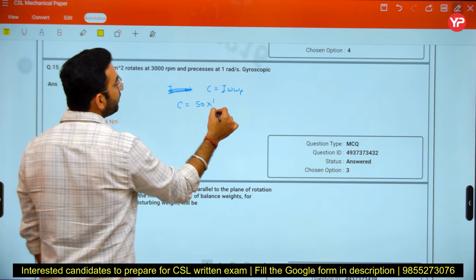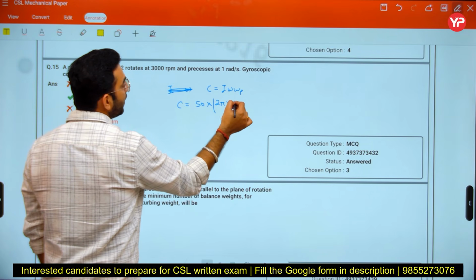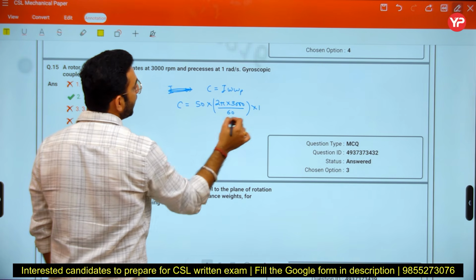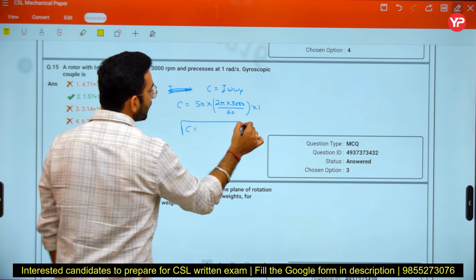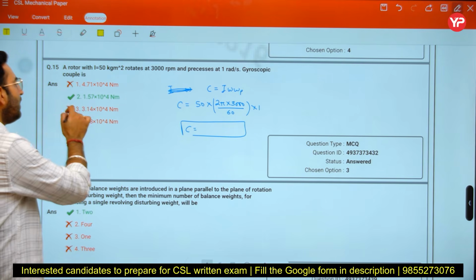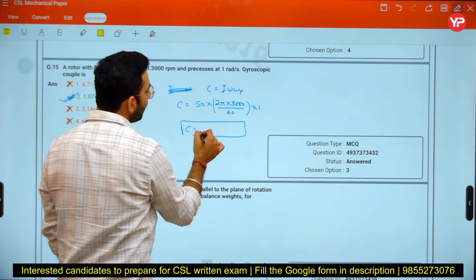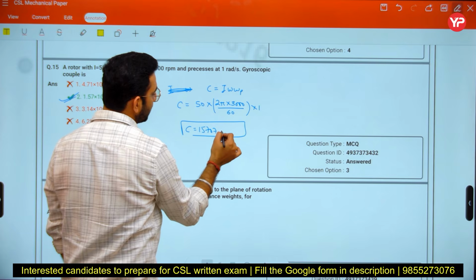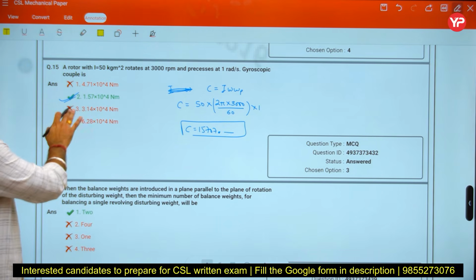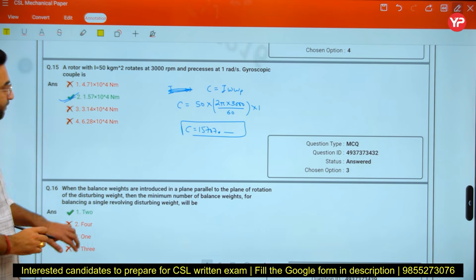What will be omega? 2 pi into 3000 divided by 60, multiplied by 1 here. If you just calculate it, you are going to get the gyroscopic couple here. So questions are very simple. Here the answer will come out to be around 15707 something. This type of answer you are going to get. So option number B is going to be the correct answer.